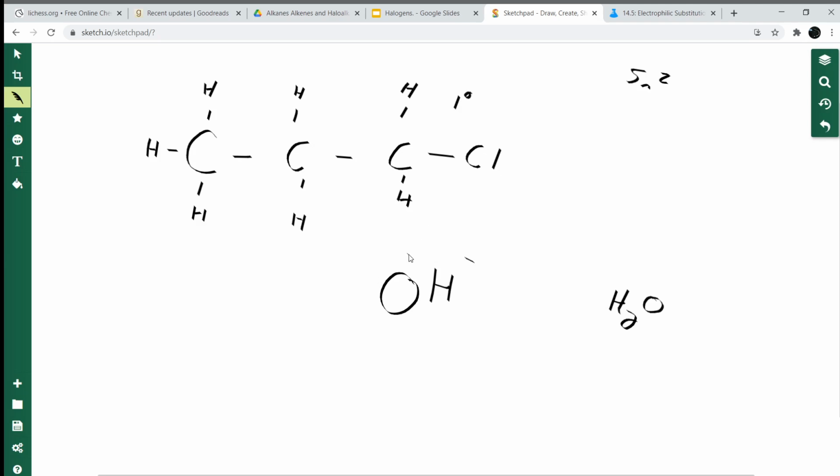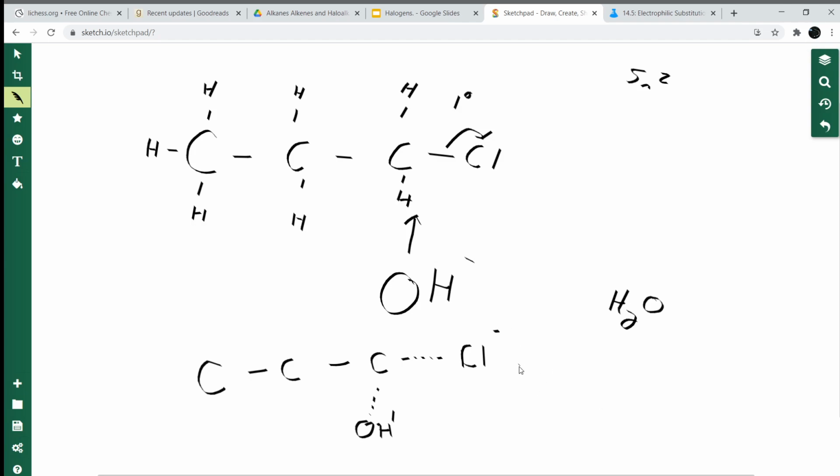So we know that we're going to have this attack here with our curly arrow, and then we get our temporary bond. The chlorine is going to be temporarily bonded as well.